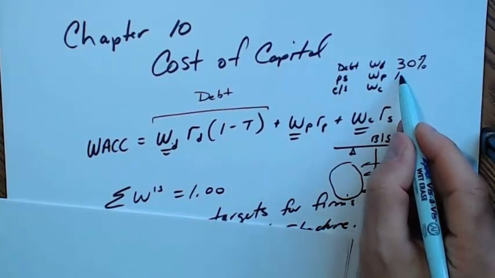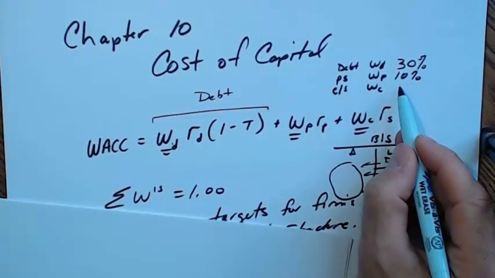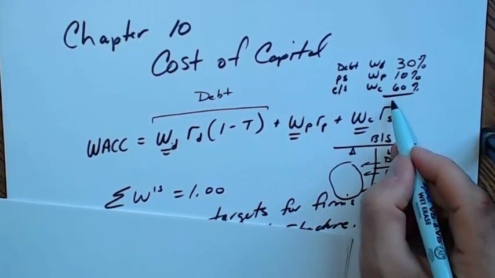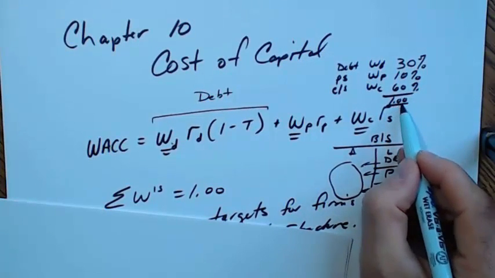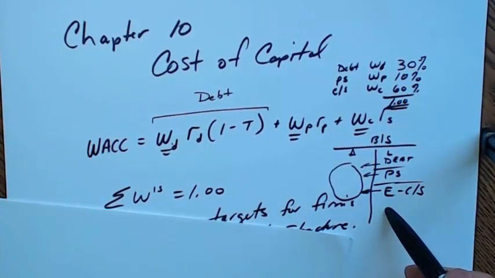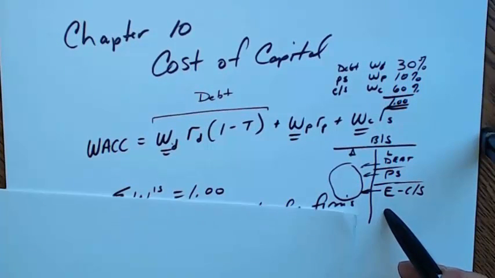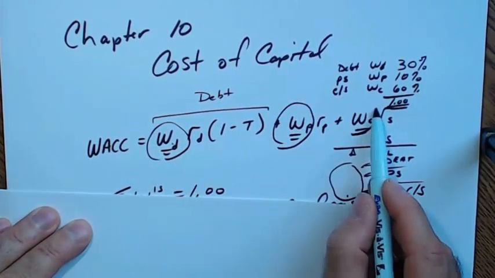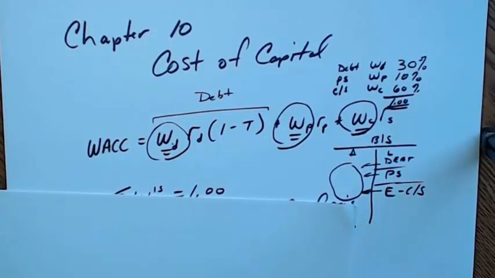We want 10% to be preferred stock, and we want the remainder, 60%, to be common stock. So it adds up to 1 or 100%. So we're accounting for everything on the right-hand side of our balance sheet. Okay, so the W's here are the weights that we have in each component.